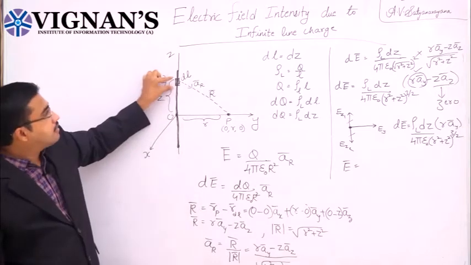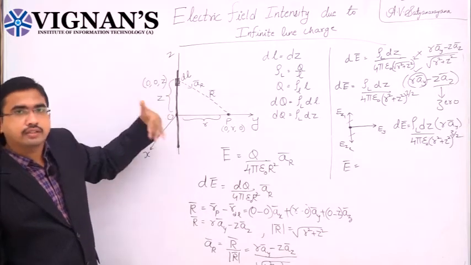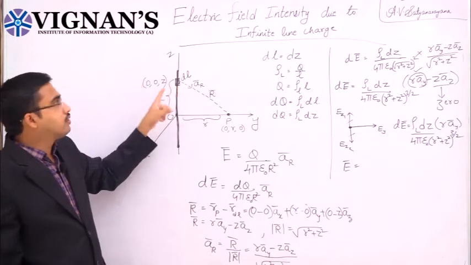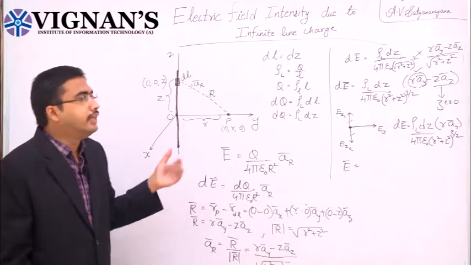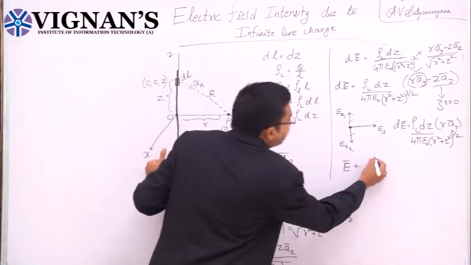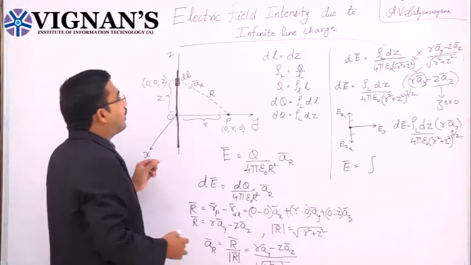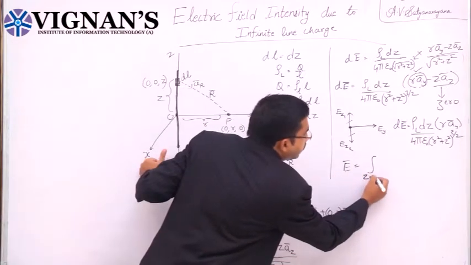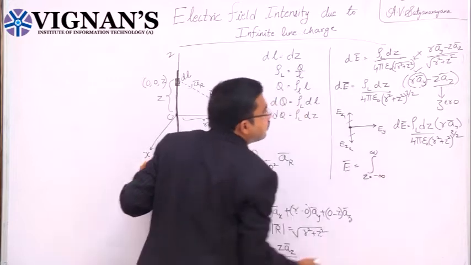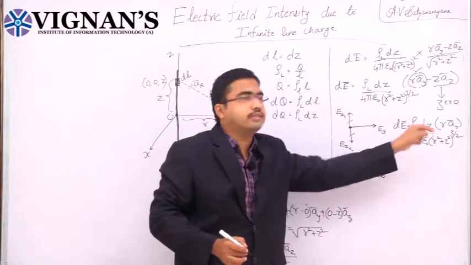If we add these number of dl's, then we will get the total length L. So adding up of all these dl's means nothing but integration only. If you apply integration, what are the limits for z? Z limits will be minus infinity to plus infinity, because here the variable is only z.